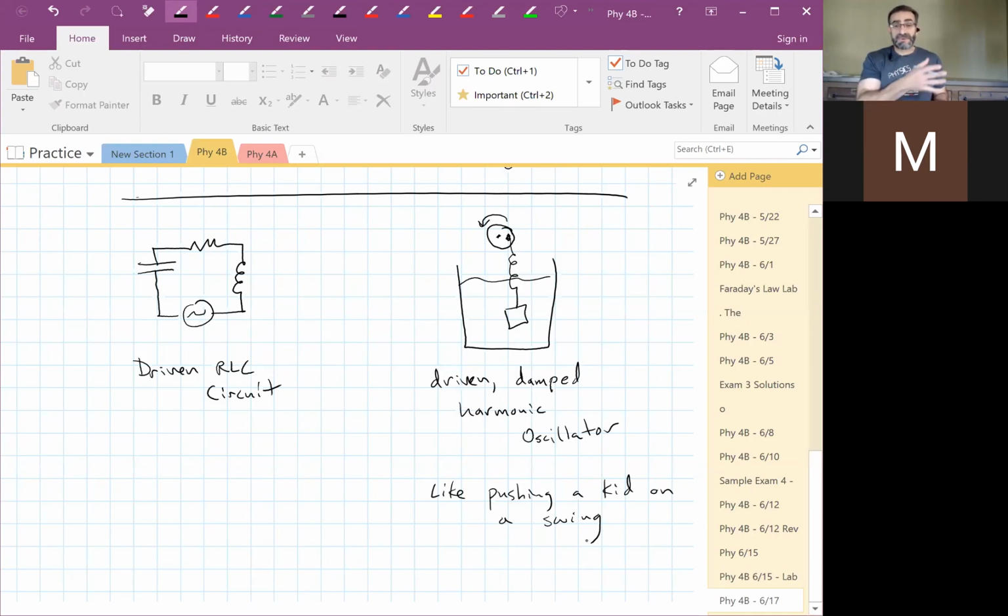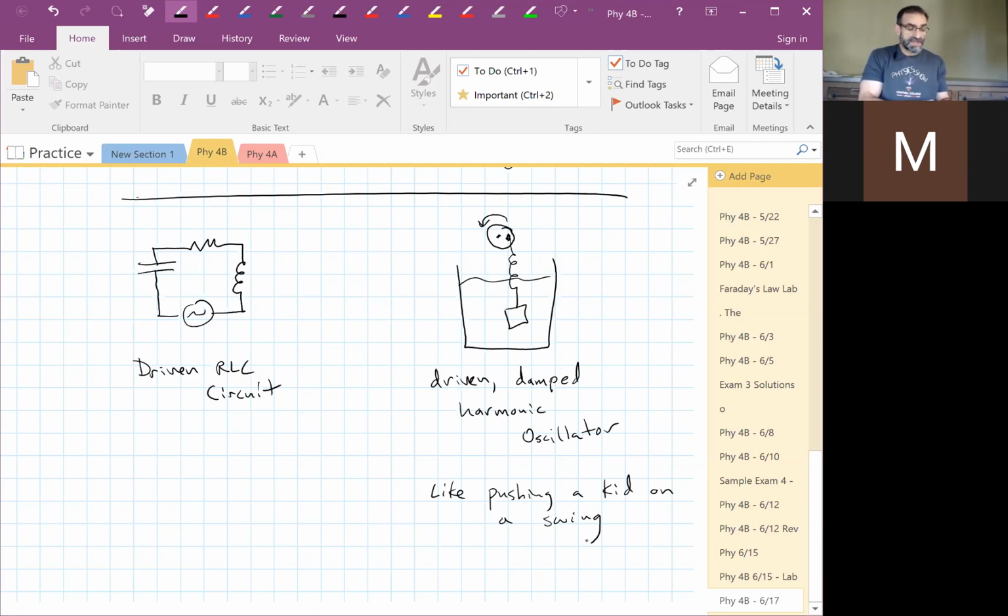A swing has a natural frequency it wants to oscillate back and forth at, a certain time it takes to complete one cycle. And if you push at just the right time interval where your pushes coincide with its cycle, then the amplitude gets bigger and bigger and bigger, even if your pushes aren't very big. They keep adding up and they get bigger and bigger.